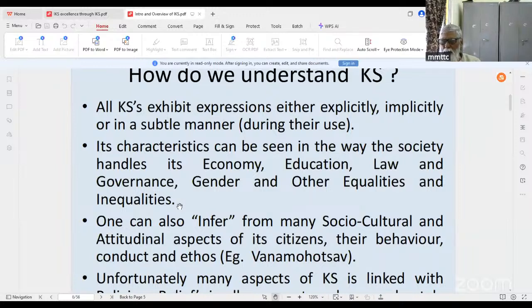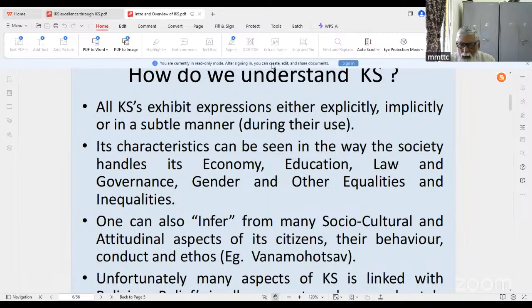You had to register your radio in the post office and pay a license fee for its use. Similarly, bicycles used to have a license, and you paid a license fee to the corporation for using the bicycle in the city. That's gone now. Now you only have a license for motorcycles and others. Maybe after some time, two-wheeler licenses may go away, and only cars may remain. That's the way things change.